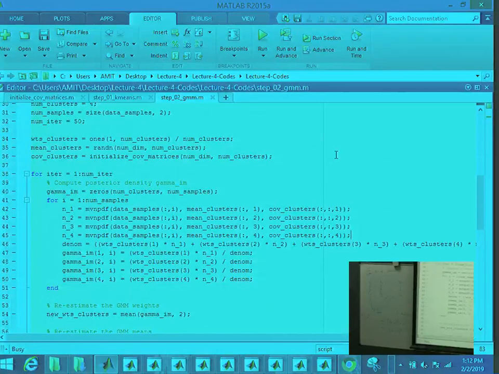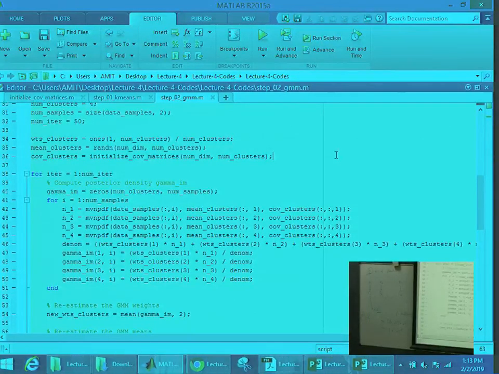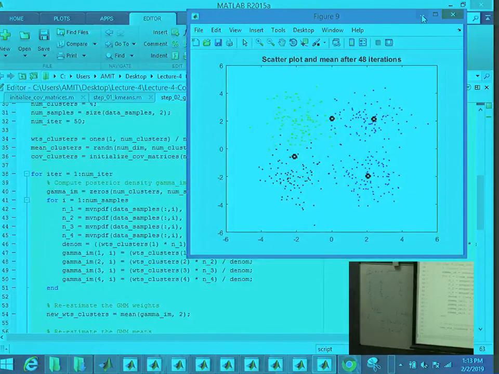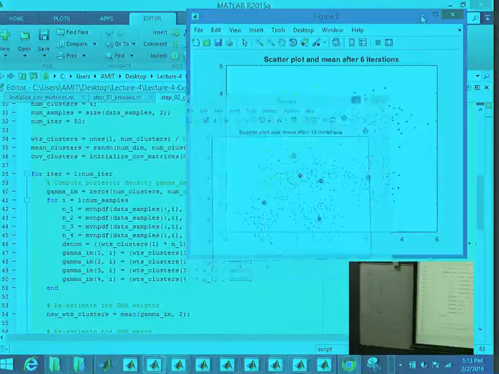Initialization was uniform weights, some random mean and some positive definite covariance. Even after this, it's not right.